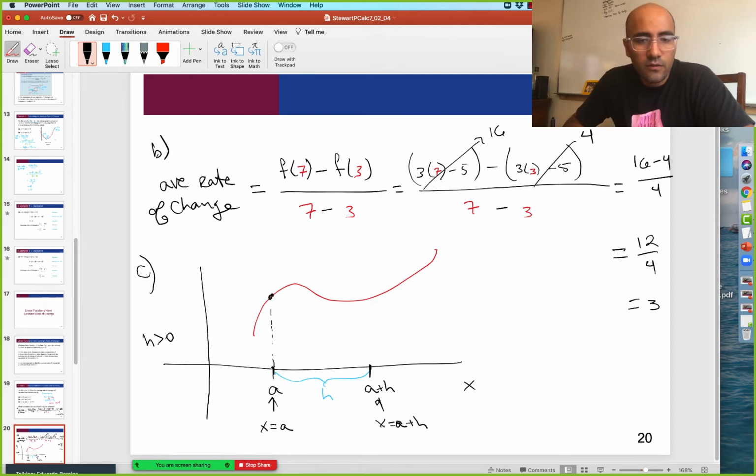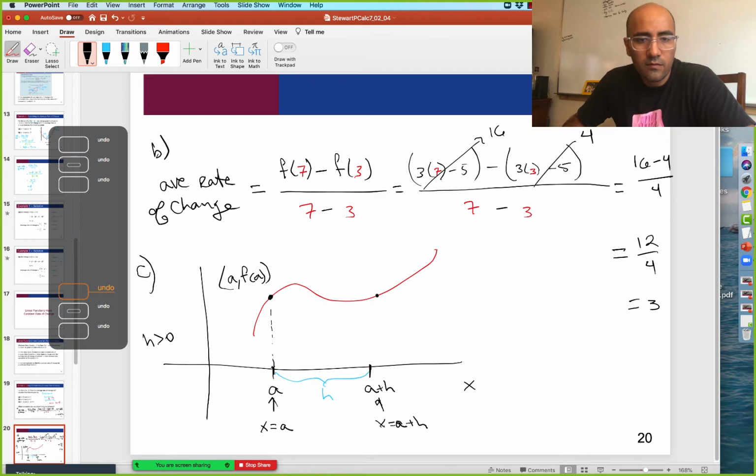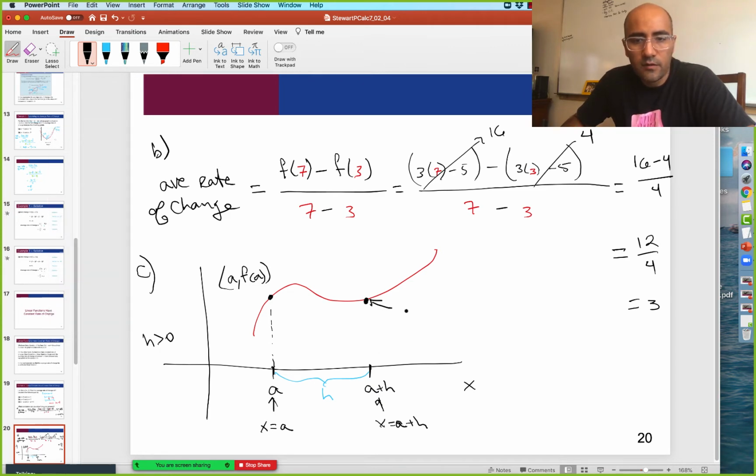Good. So then the ordered pairs: this would be the point a, comma, f of a, whereas this point there would be the point a plus h is the input, comma, f of a plus h.